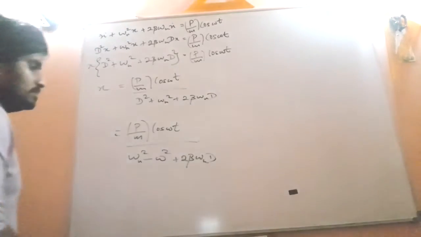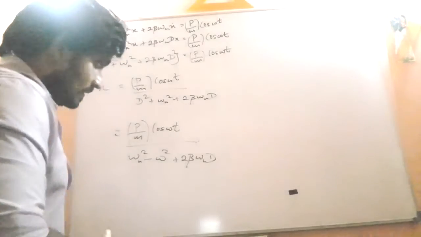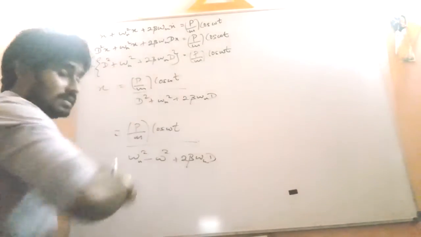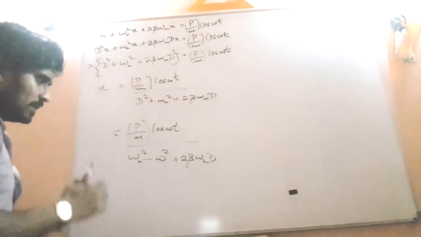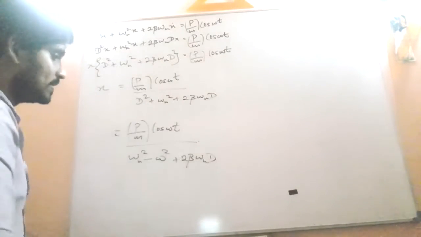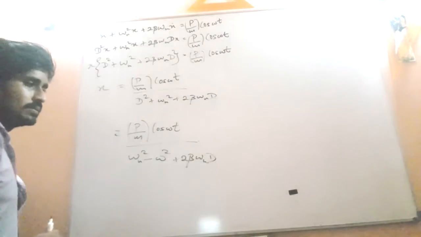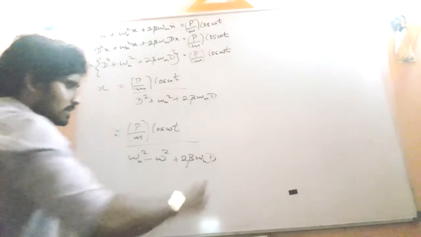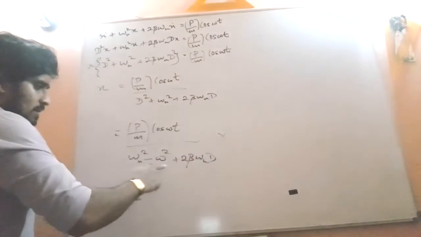Now, according to the technique, to solve this equation we are going to multiply both up and down by the conjugate of this denominator, because that is the procedure. So what is the conjugate there?